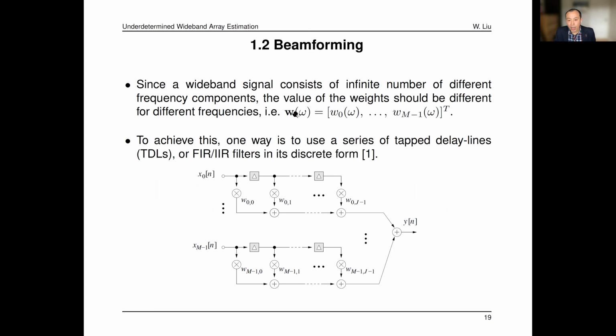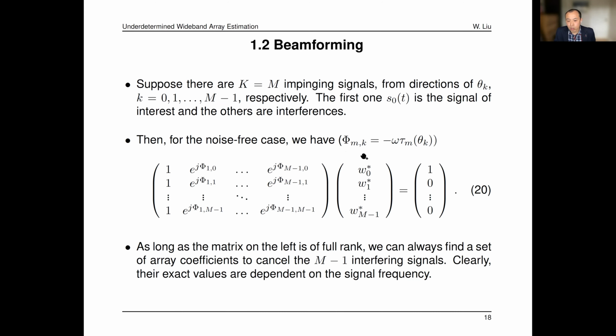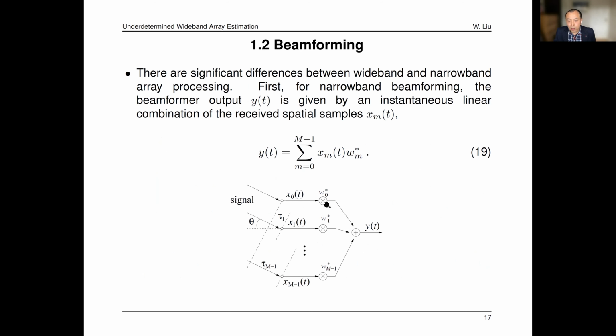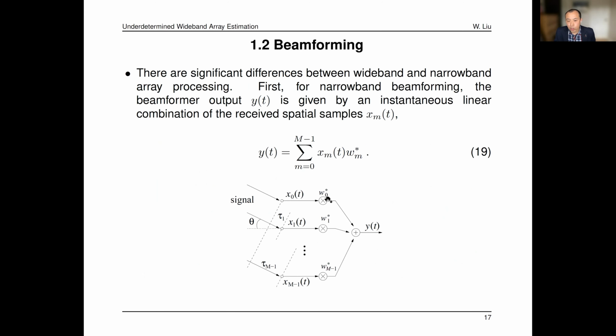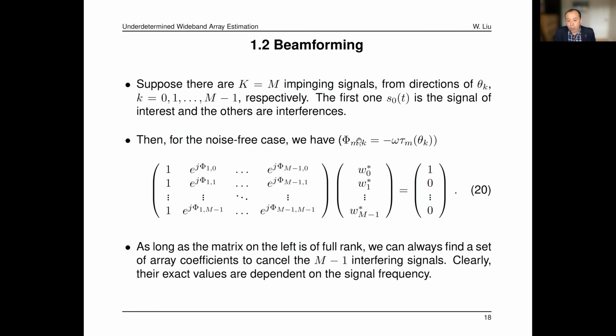So in the general case, w should be a function of omega. Basically, w_0, w_1, w_{M-1} will be functions of omega. Then the question is, how can you generate a response, a coefficient w, which depends on omega?